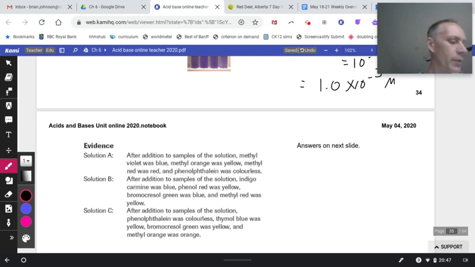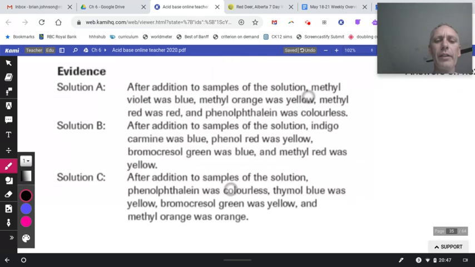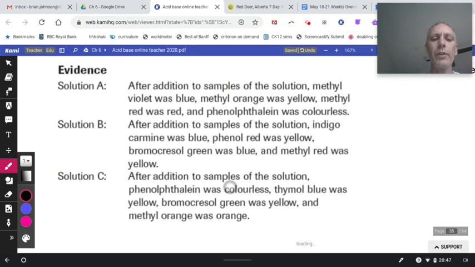Now, there are 3 more examples. I don't think these are in your notes. You can try A and B and C, all 3 or just one of the 3. If you get the first one right, you don't need to do the second. If you get it wrong, try the second. These are the 3 questions, and I have the 3 answers on the next slide. You can pause here, try the first one, figure out the pH, and then check below, and then do the second one.